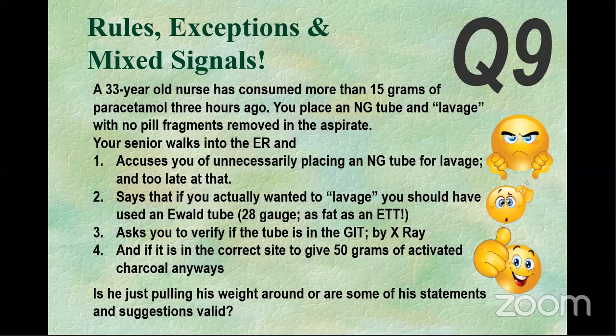Your senior walks into the ER and accuses you of unnecessarily placing an NG tube for lavage, and too late at that. He says that if you actually wanted to lavage, you should have used a large-bore tube, 28 gauge, as fat as an ETT. He asks you to verify if the tube is in the GIT by X-ray, and if it is in the correct site, to give 50 grams of activated charcoal anyway. Is he just throwing his weight around, or are some of his statements and suggestions valid?